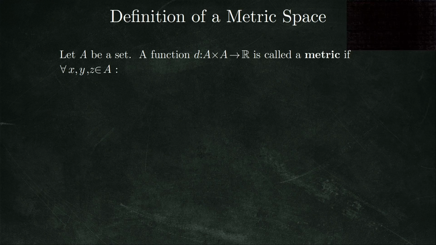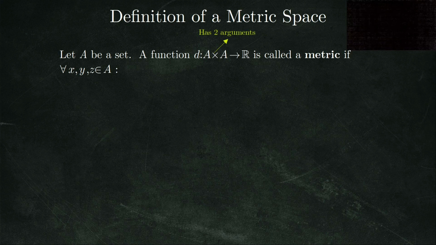Let A be a set. A function d that maps A cross A to the real numbers is called a metric if, for all points x, y, z in A, we obey the following axioms. Very quickly, this A cross A notation means that d, the distance function, takes 2 arguments.